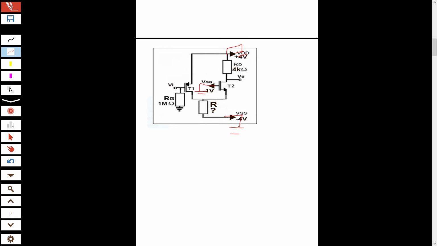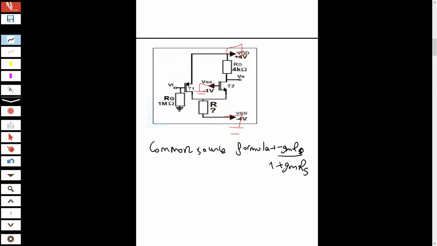So the first gain: remember, there is the common source formula. What was the common source formula? It was minus GM RD over 1 plus GM R source.